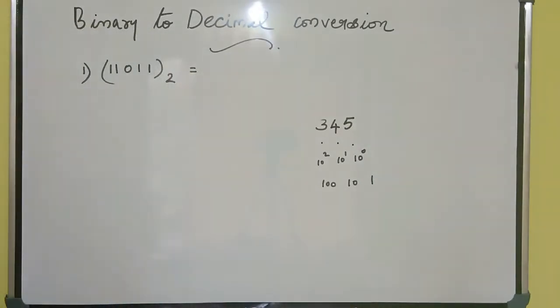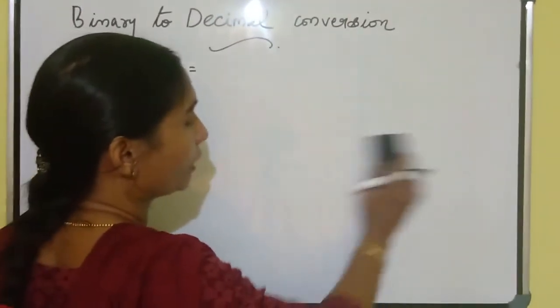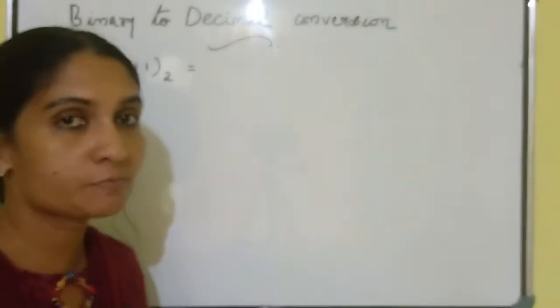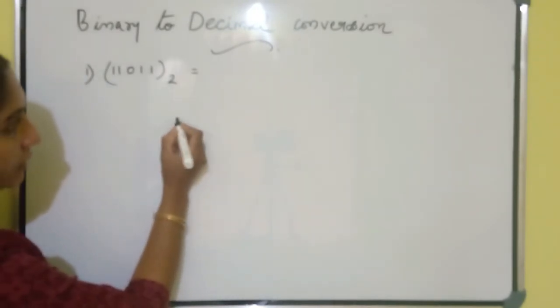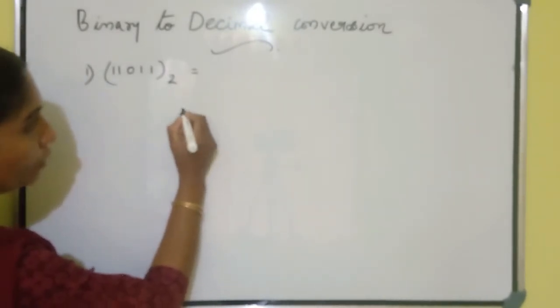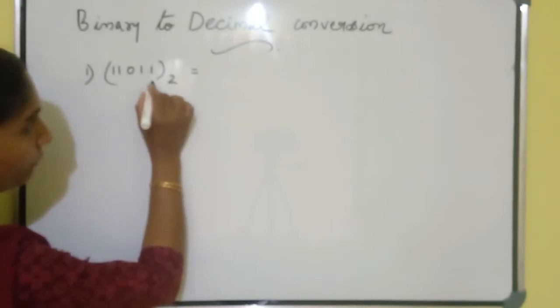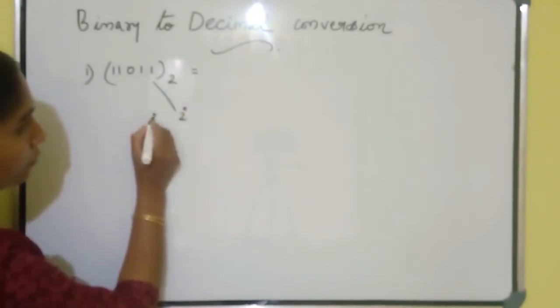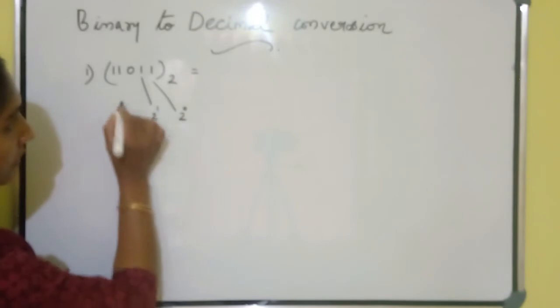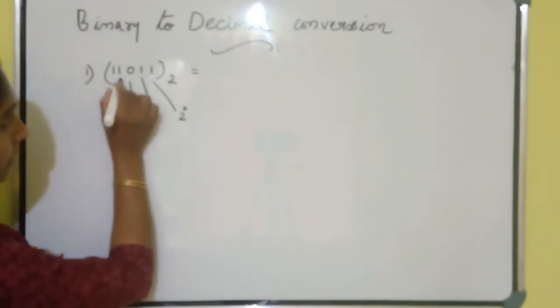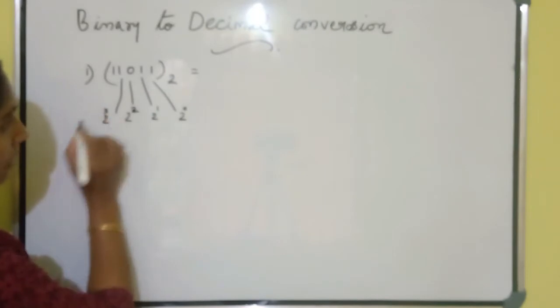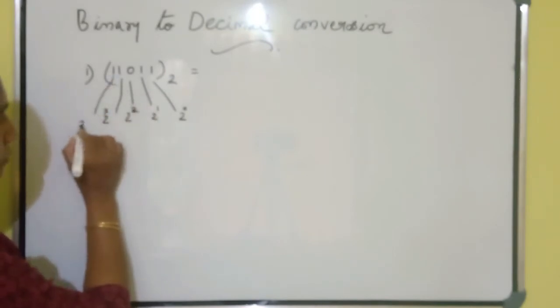In the binary number system, 2 is the base. Then we can split this number with the help of the powers of 2: 2 raised to 0, then 2 raised to 1, then 2 raised to 2, 2 raised to 3, and 2 raised to 4.